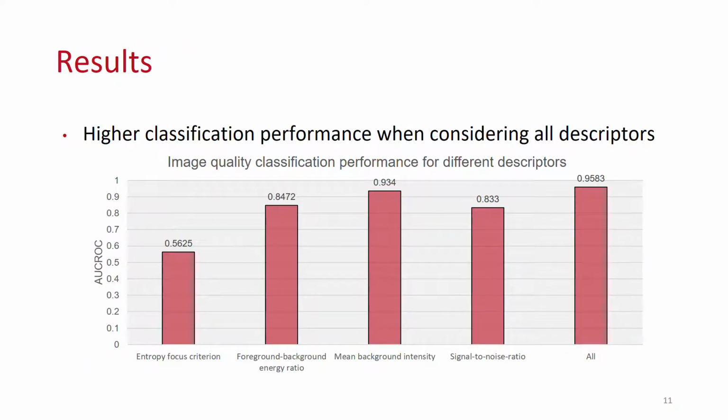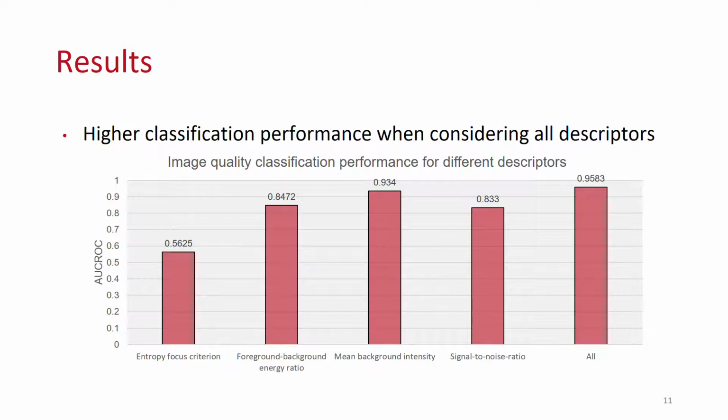All right, so let's talk about the results now. We first evaluated the performance of our image quality classification scheme. We tested the performance of classifiers using descriptors individually, but also all descriptors together, and we used the AUC-ROC as performance metric. You can see that when we use all descriptors in a single model, we obtain higher performance. And this 0.96 in our small sample means 2 misclassified cases out of the 60 that we had.